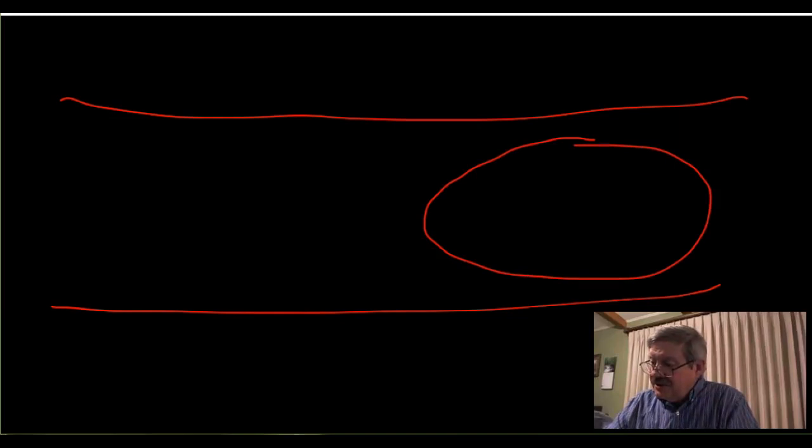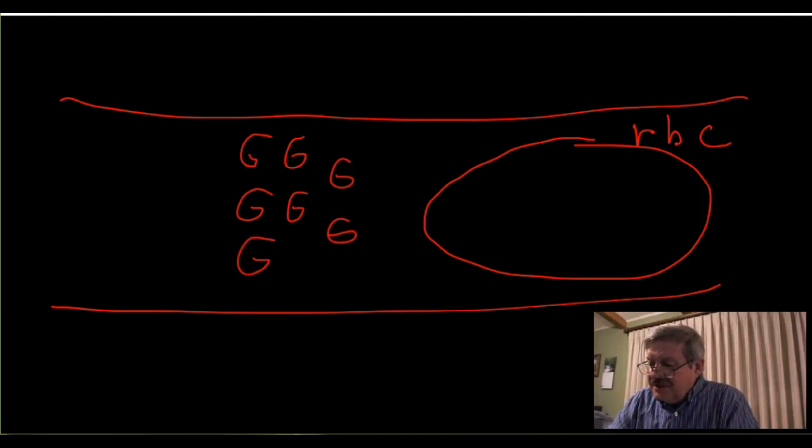And here is a red blood cell, RBC, red blood cell. Now, out here in the plasma, blood plasma, we have an abundance of glucose out here. Remember, we maintain a concentration of about 1/10 of 1% glucose in the bloodstream.